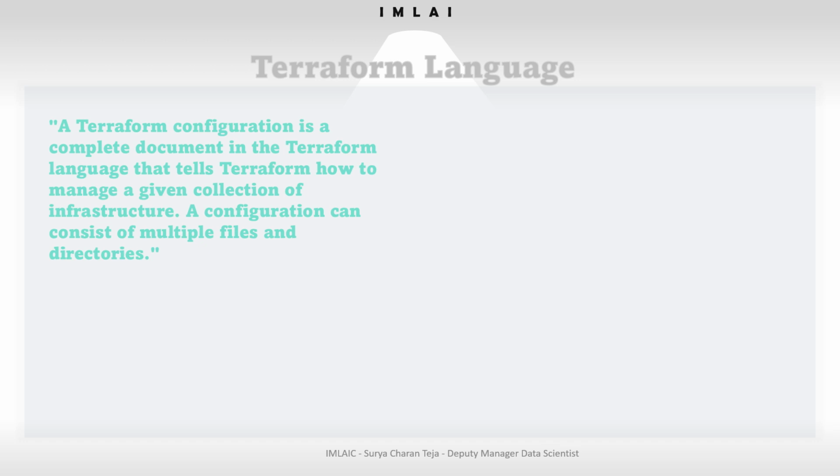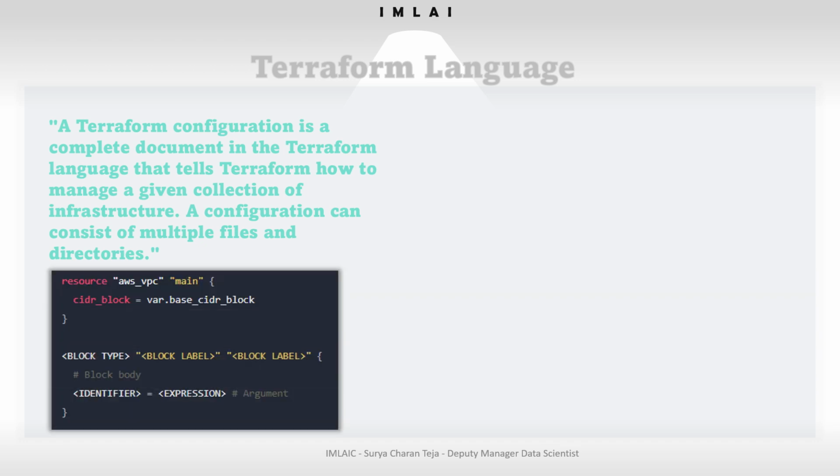A Terraform configuration is a complete document in the Terraform language that tells Terraform how to manage a given collection of infrastructure. A configuration can consist of multiple files and directories.